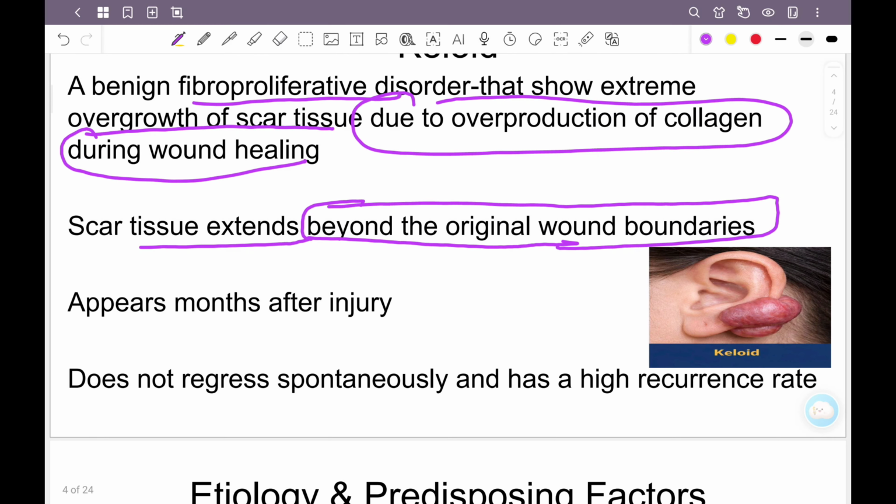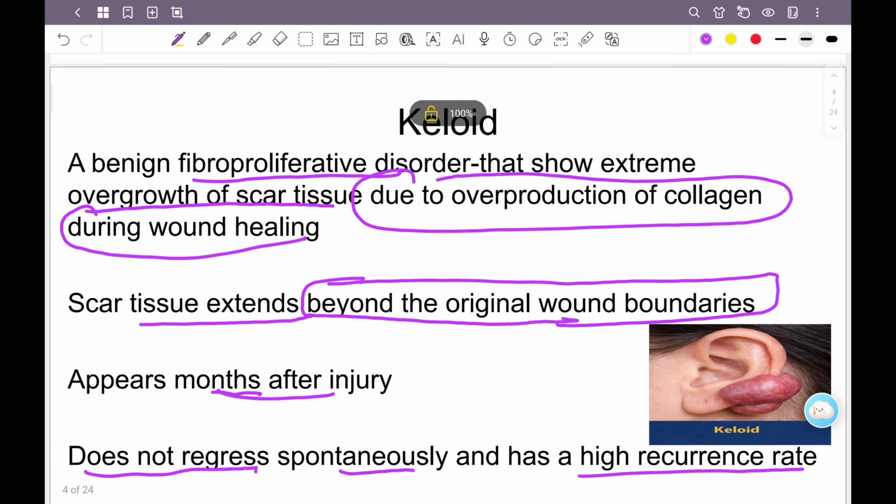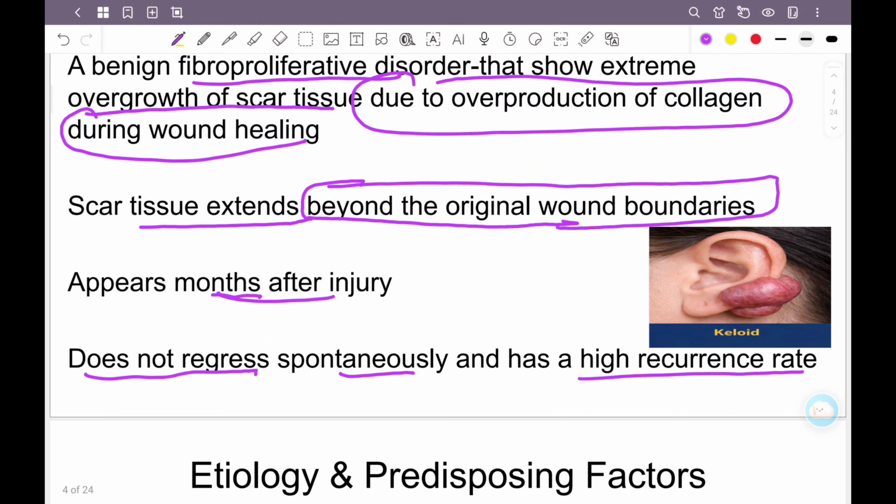It appears within a month after injury and continues to grow. It does not regress spontaneously and has a high recurrence rate. That is the main thing you have to understand: a keloid goes beyond the original wound boundaries, does not regress spontaneously, and so has a high recurrence rate.